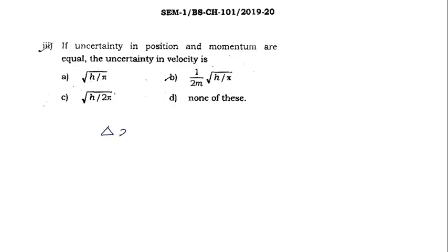You have del x, that is the uncertainty in position, and del p, that is the uncertainty in momentum, and let me equate it to h by 4 pi. Now the question says that the uncertainty in position and momentum are equal. That means del x and del p are equal.